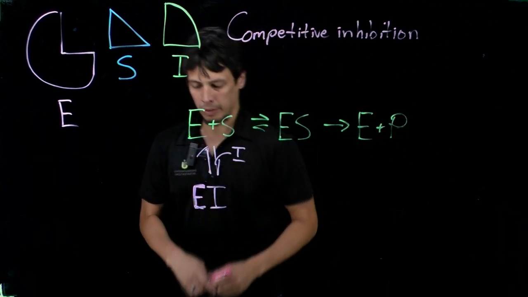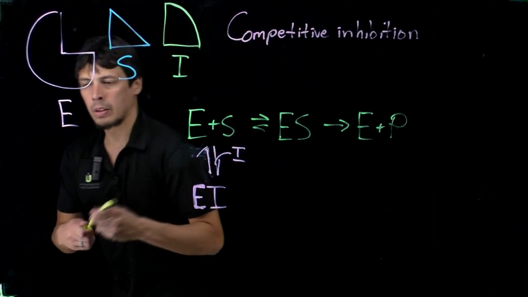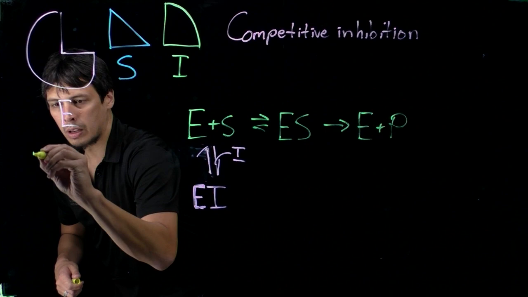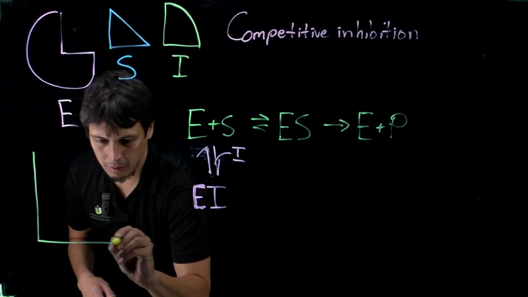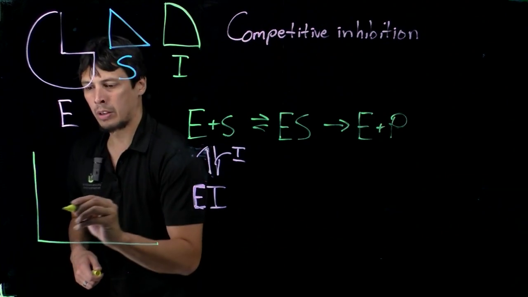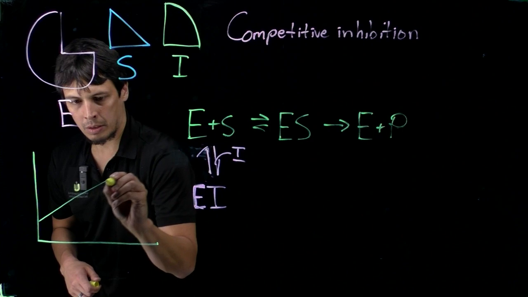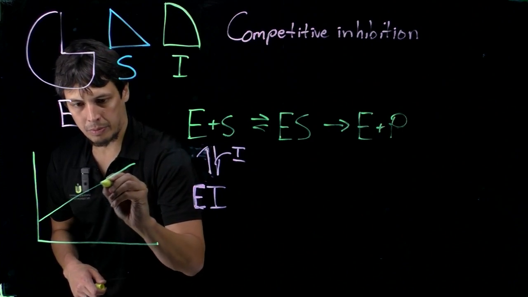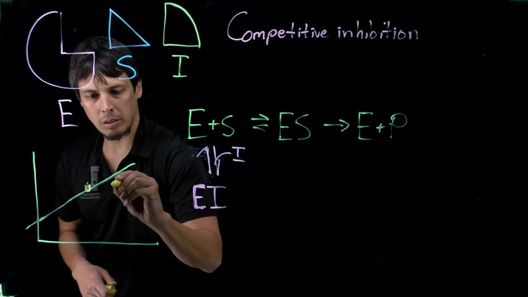So what you might expect for this, if we're looking at Lineweaver-Burk plots, okay, so if this is wild type enzyme without any inhibitor, we'll call this no inhibitor.